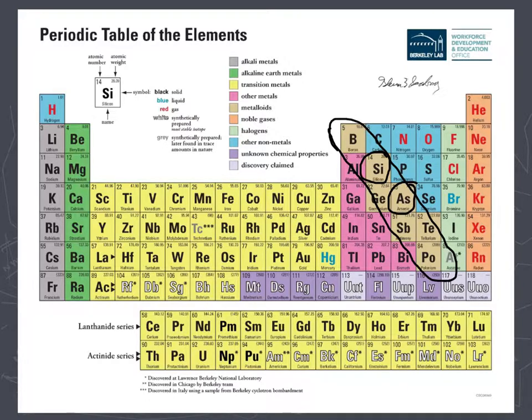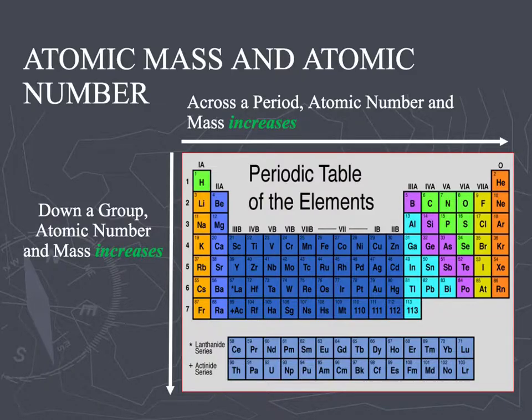Let's talk a little bit more about the trends that go on with the periodic table. Our first trend is the atomic mass and the atomic number. Generally, the atomic mass is going to increase as you go both across a period, this way, and down a group, this way.